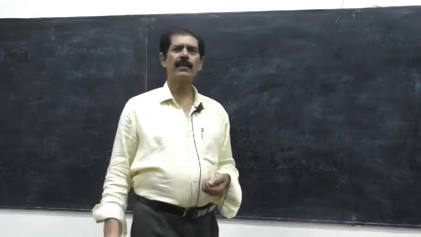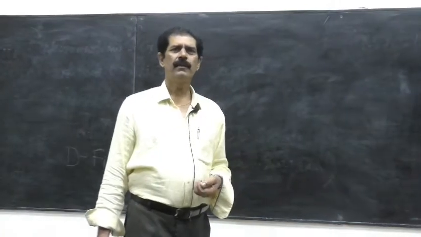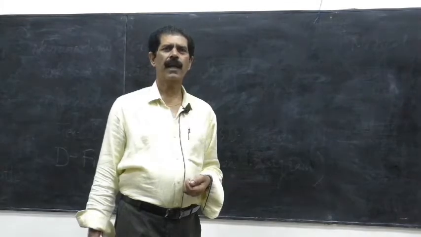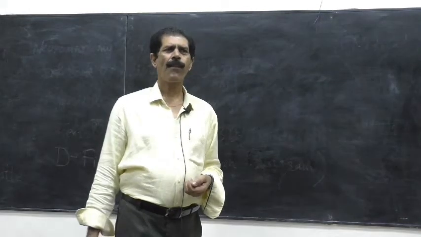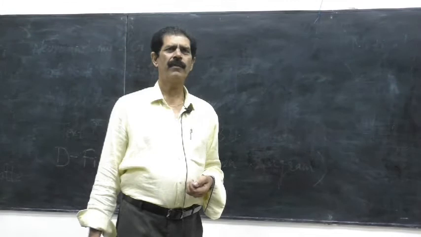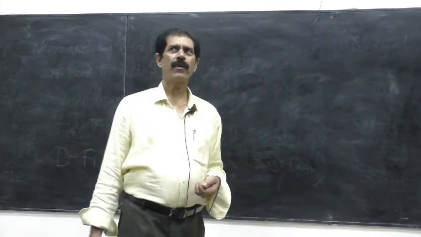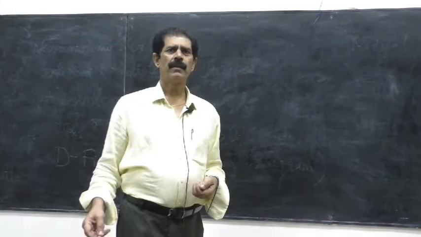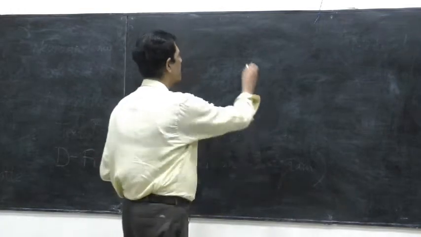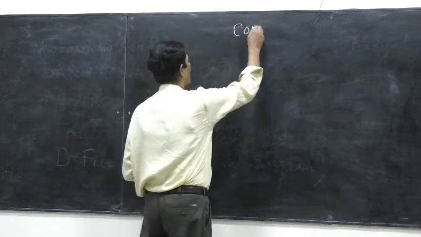Continuing with the spinal cord, today we will do the remaining tracts in the lateral column, and today we will discuss the very important tract, that is the corticospinal tract.